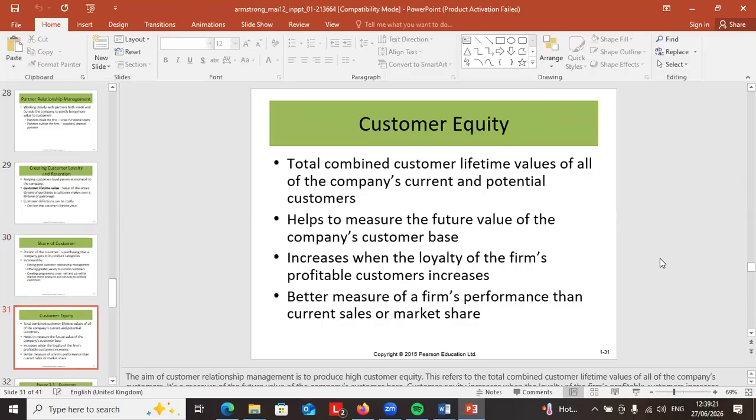And so it helps to measure the future value of the company's customer base. It increases when the loyalty of the firm's profitable customers increases. And that's why we must treat ordinary clients or customers well. And it is, in fact, a better measure of a firm's performance than the current sales or market share.